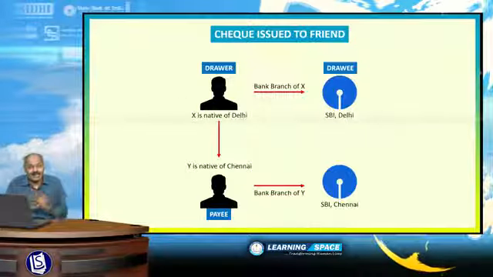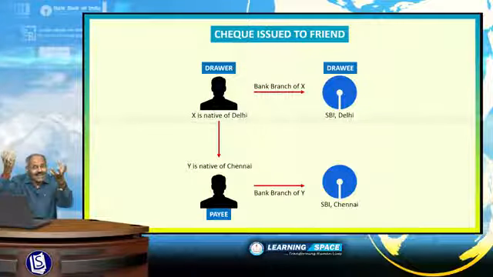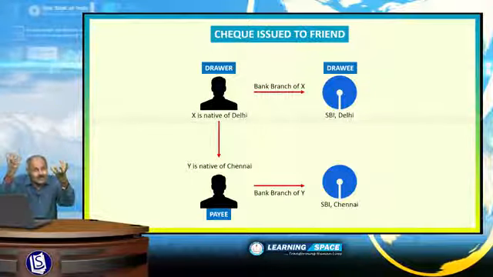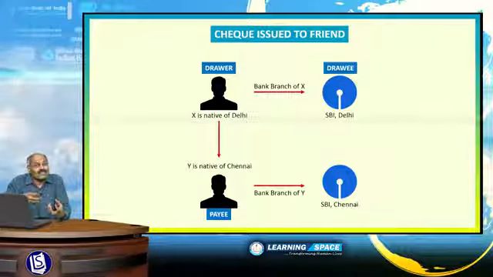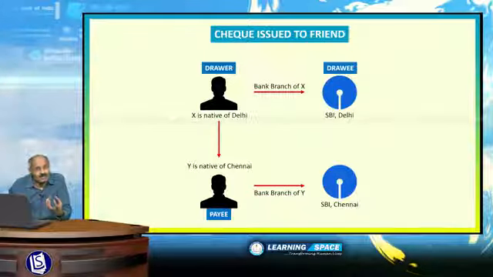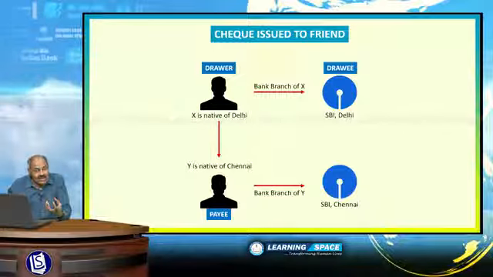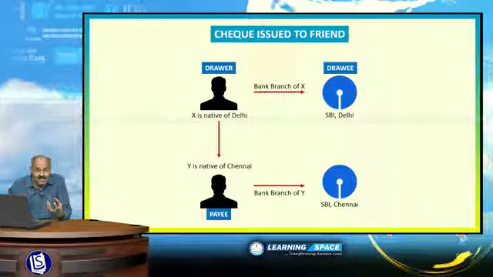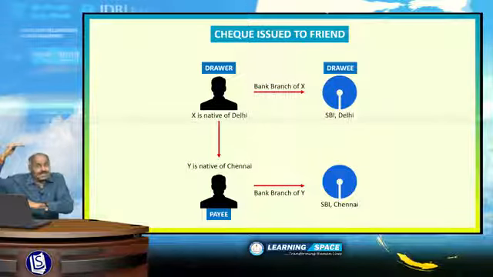Let us look at this example. The drawer is in Delhi and his bank is in Delhi, and he issued a check to his friend in Chennai, and his friend will present the check in Chennai, and the branch in Chennai will verify the check electronically or digitally with Delhi.